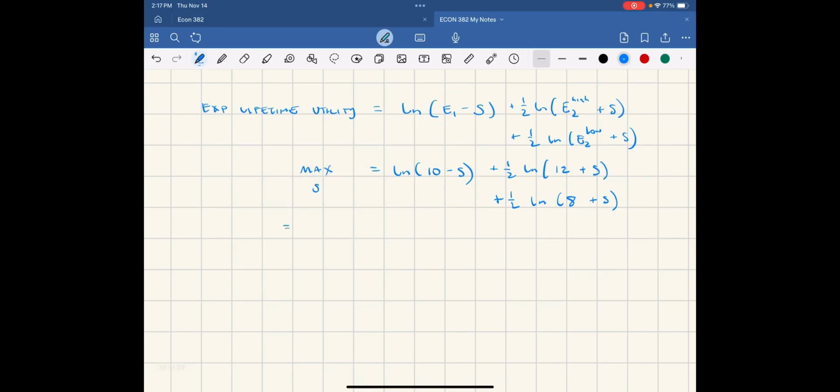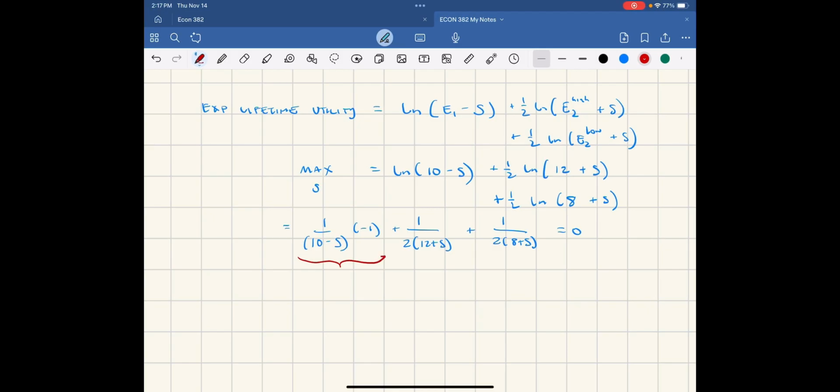So now we're going to get 1 over 10 minus S times -1, plus 1 over 2 times 12 plus S, plus 1 over 2 times 8 plus S, equals 0. If we look at this, this is our Euler equation.